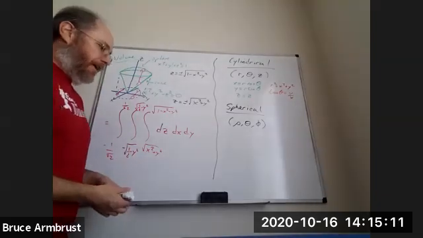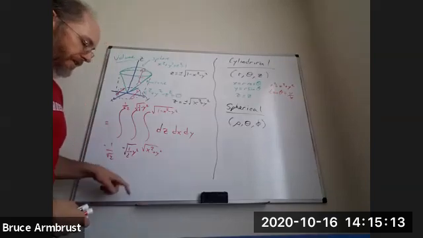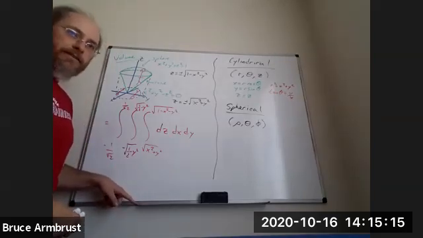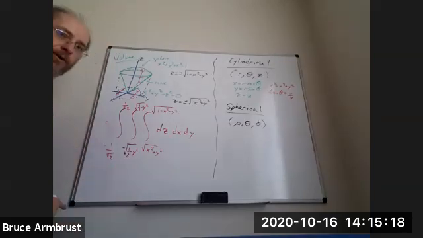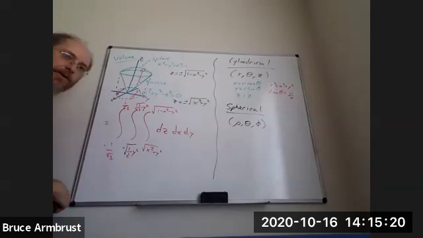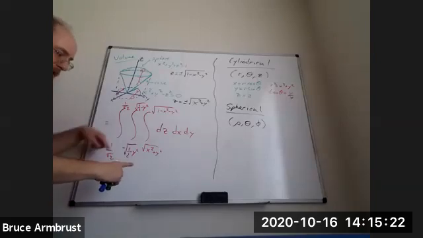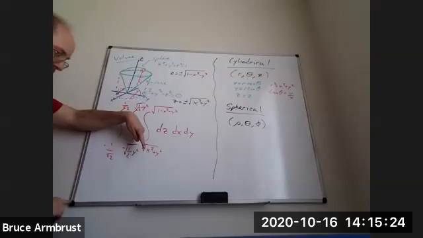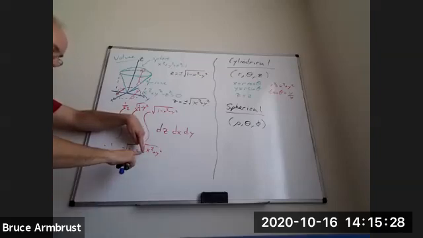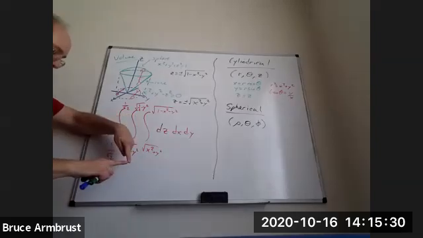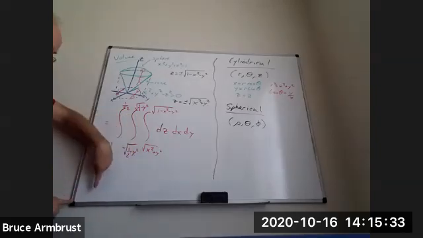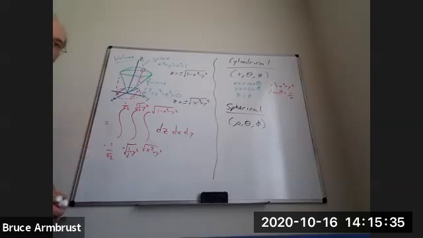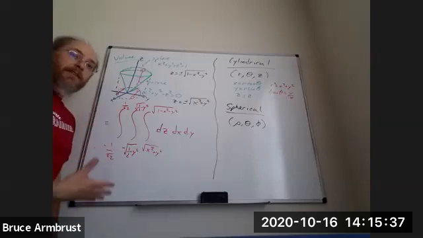So if the origin is this corner of the whiteboard, and I've got a point out here, rho is literally just the straight line distance. If I connect these two, that's rho. Move it over here, that's rho, and so on. So rho is just distance from the origin.